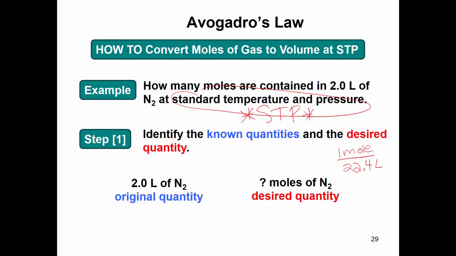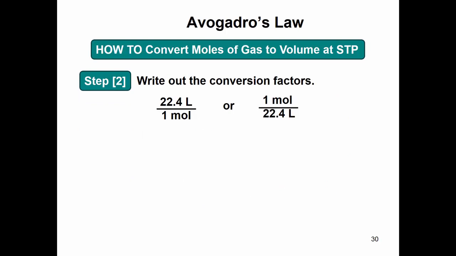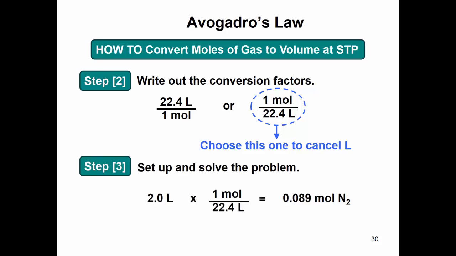So here we have 2 liters of nitrogen, and we want to know how many moles of this we have. So as always, we have to know our conversion factor, 22.4 liters per mole, or flip it over depending on how we want our units to cancel. Okay, so we're going to have to use this one for our units to cancel. Okay, so we write out what we know. This is above.